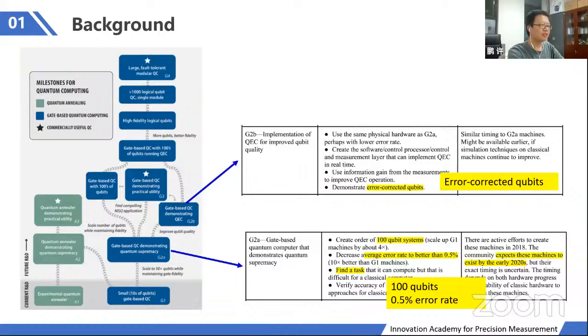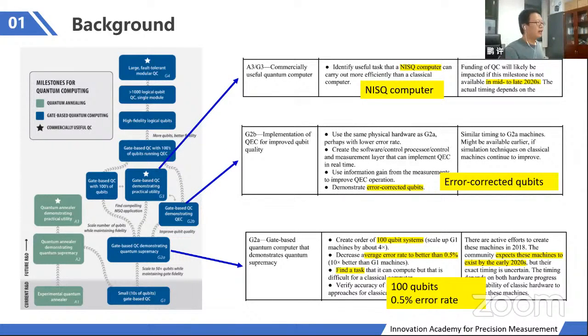Also, it is to find some tasks that a quantum computer can do but that are difficult for a classical computer. And the second target is to implement quantum error correction to improve the qubit quality.